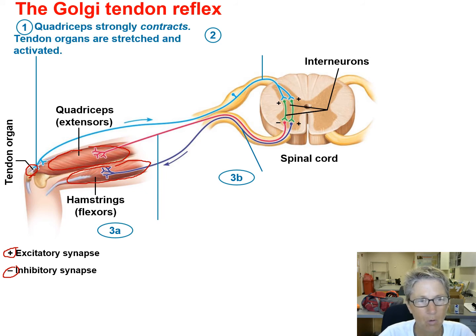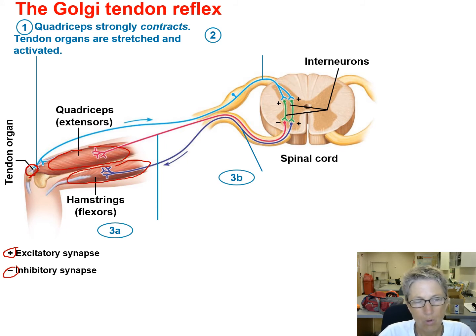So in a Golgi tendon reflex, if the quadriceps muscle really strongly contracts, maybe you're trying to do some leg extensions or something, with really strong contraction of the quadriceps, then the tendon organs, the Golgi tendon organs, get activated.